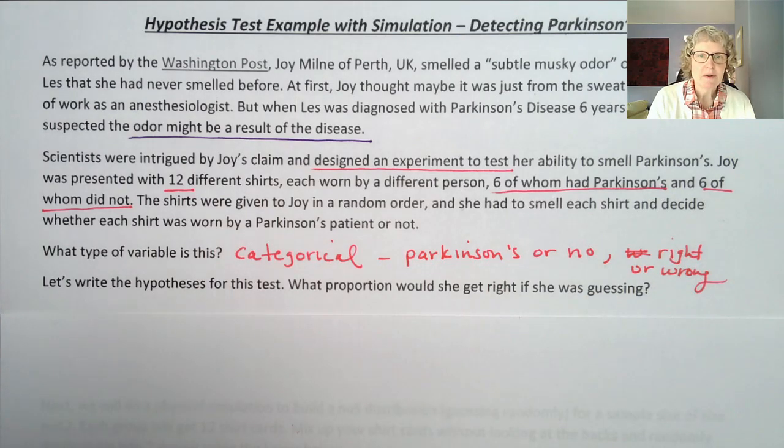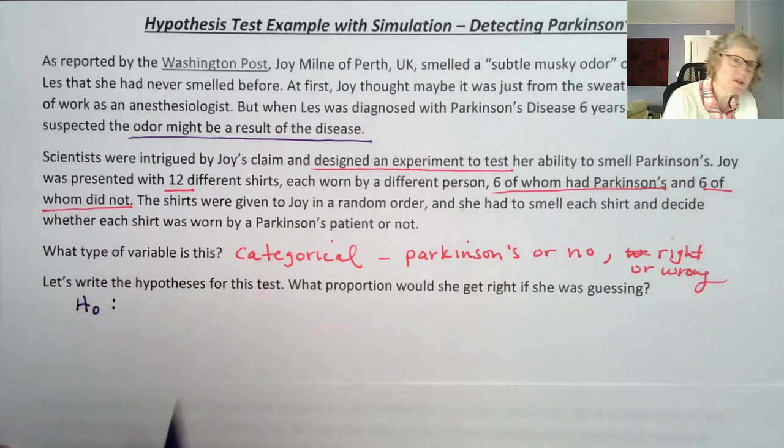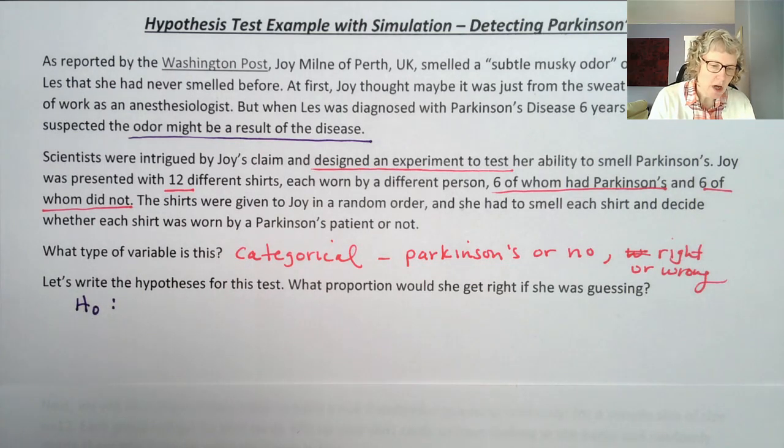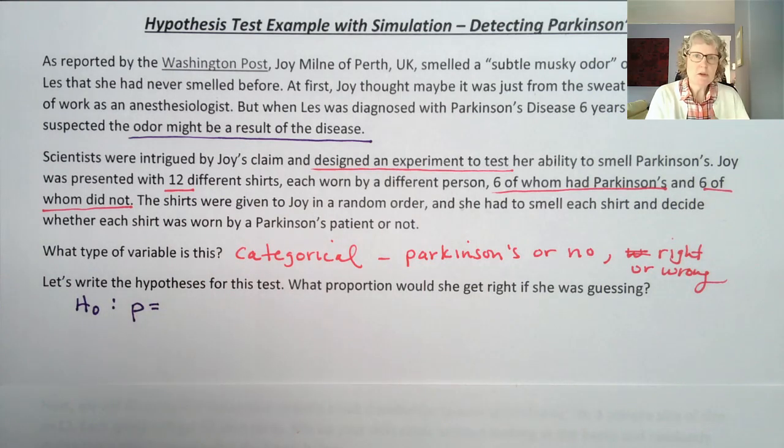Okay, so let's write out the hypotheses for this test. We have our null hypothesis, H naught. We always write H sub 0 with a colon. Let's think about this. It's categorical, so it's a proportion, so I'm going to write P equals. Our null is the null is no effect, right?